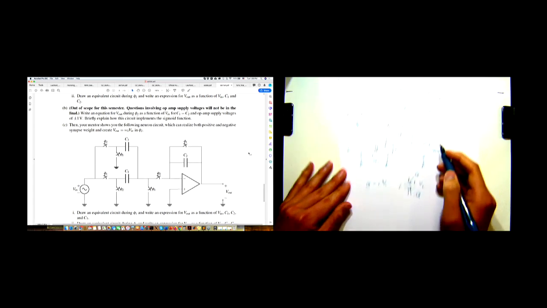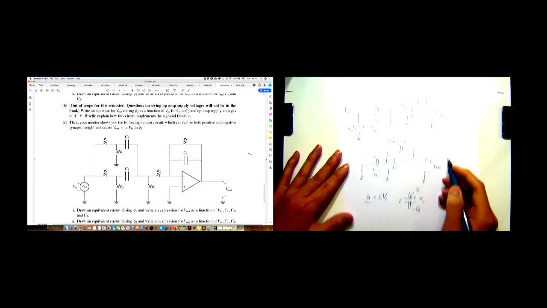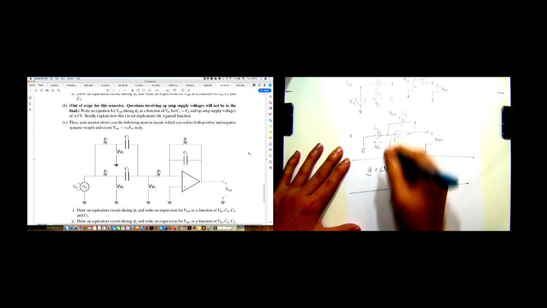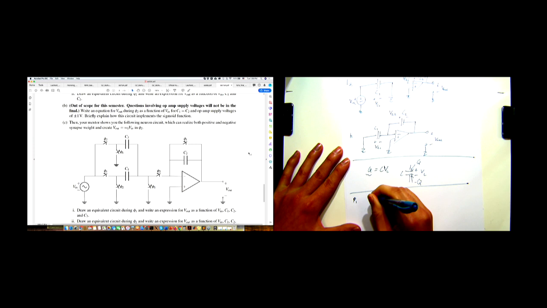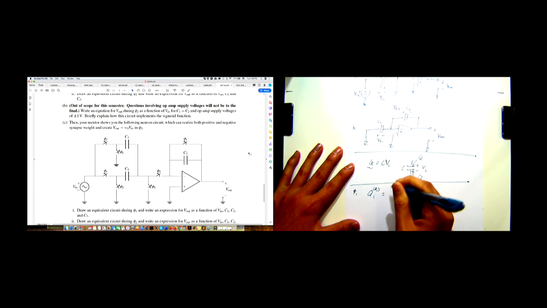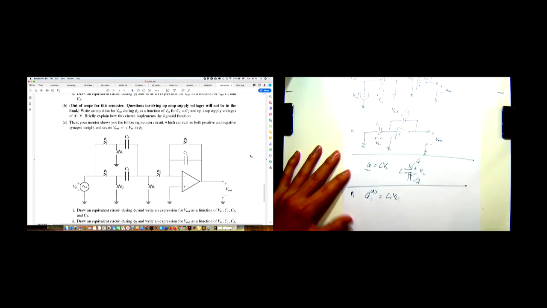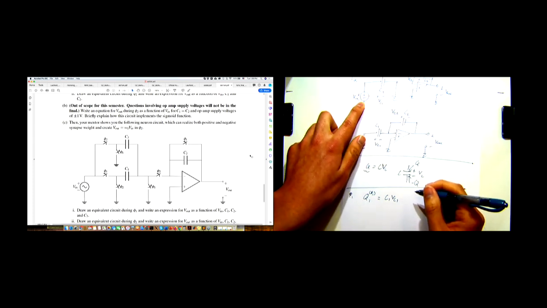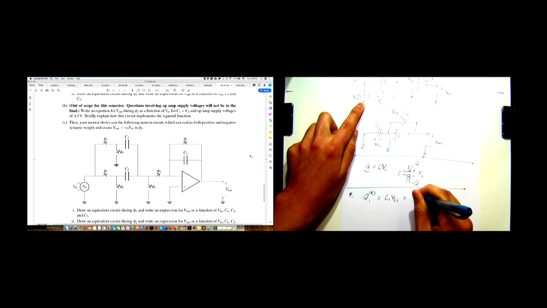If we look at phase 1, the charge on capacitor 1 in phase 1 is equal to C1 times VC1. We notice that VC1 is exactly equal to Vin, so this is equal to C1 times Vin.